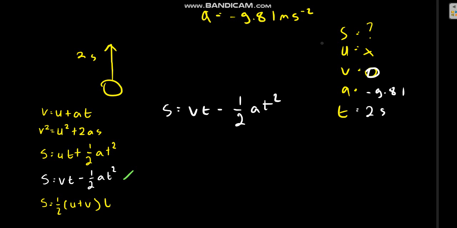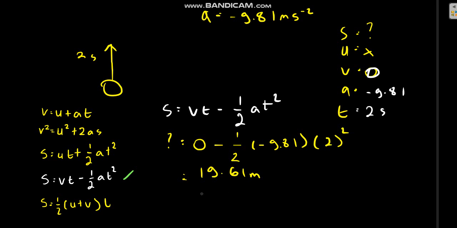So s is the question mark, that's what we need to find. v times t, so v is going to be 0, t is going to be 2 seconds, but anything multiplied by 0 is going to be 0. Minus 1 over 2 times the negative of 9.81 and 2 squared.